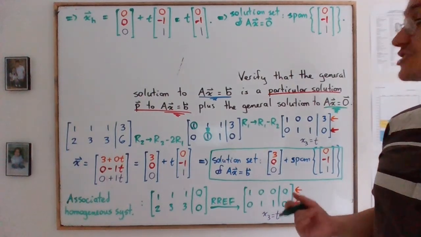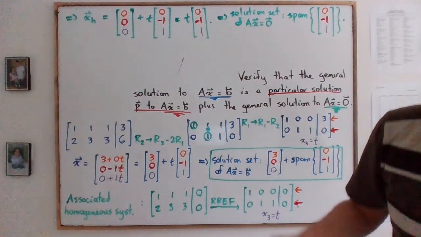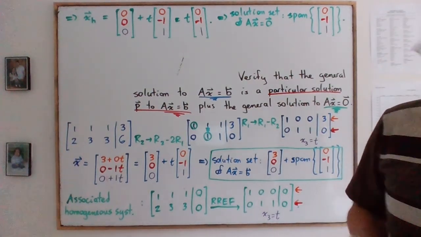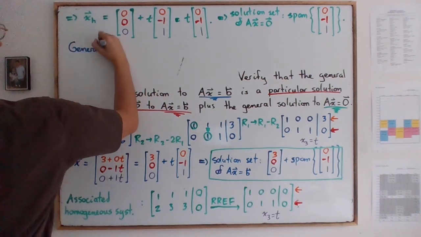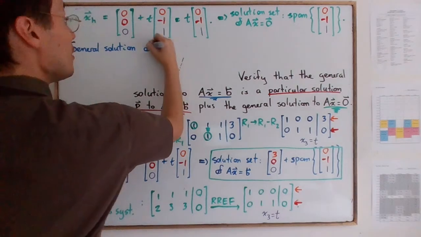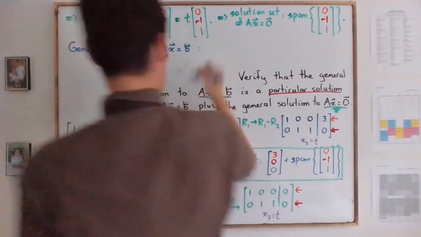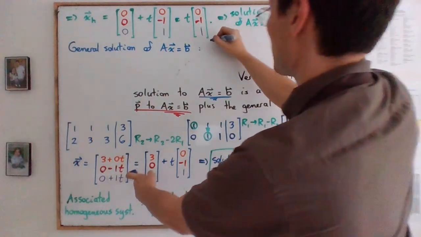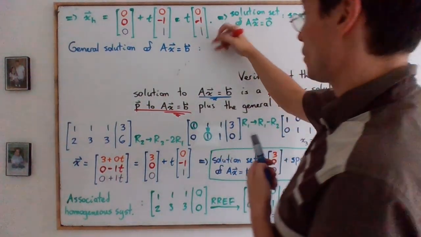Now, have a look at the general solution. Now, this is important, okay? So general solution of AX equals B. So it is the one that we have over here. So in other words, now I will change my color code.